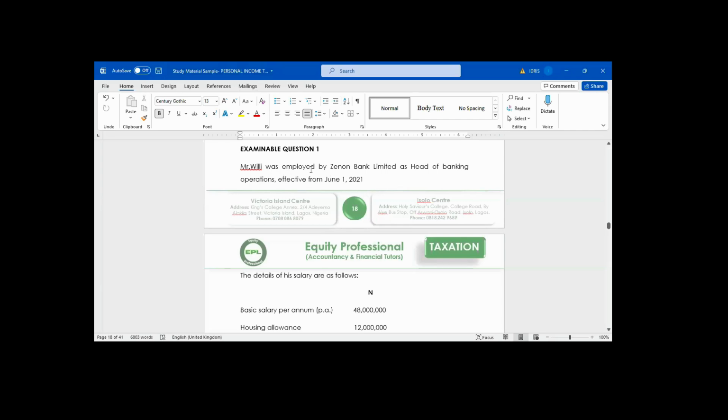Okay, sir. Mr. Willie was employed by Zenon Bank Limited as head of banking operations, effective from June 1st, 2021. The details of his salary are as follows. Basic salary per annum, 48 million. Housing allowance, 12 million.